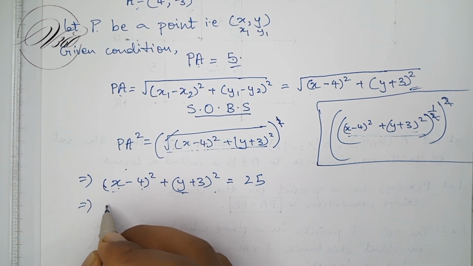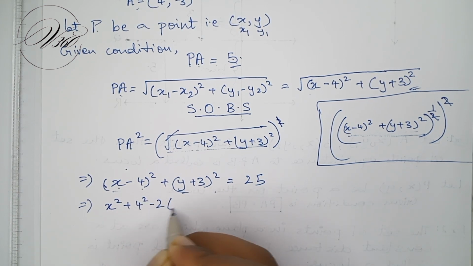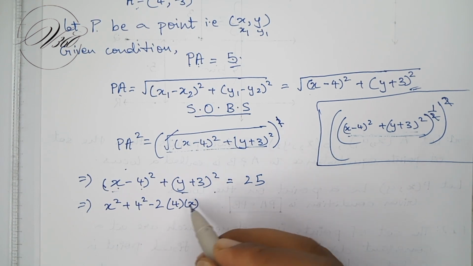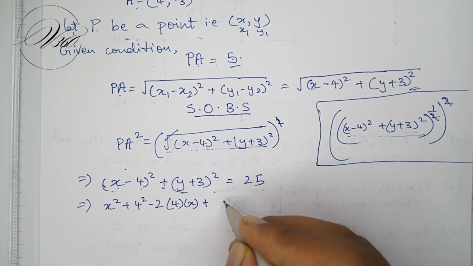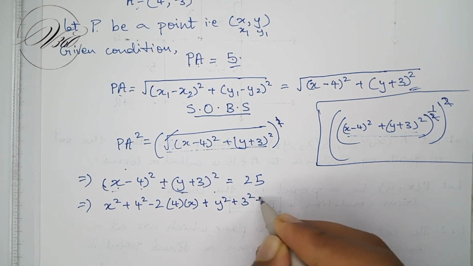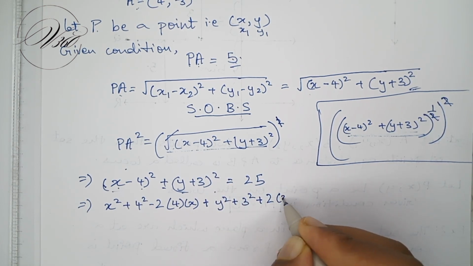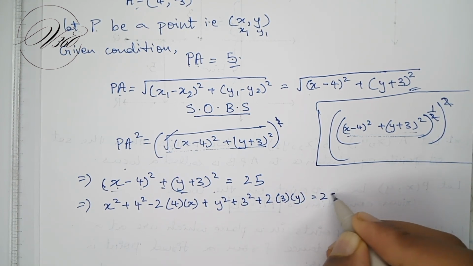Now here we will write x square plus 4 square minus 2 of 4 into x, plus y square plus 3 square plus 2 of 3 into y, which is equal to 25, right?